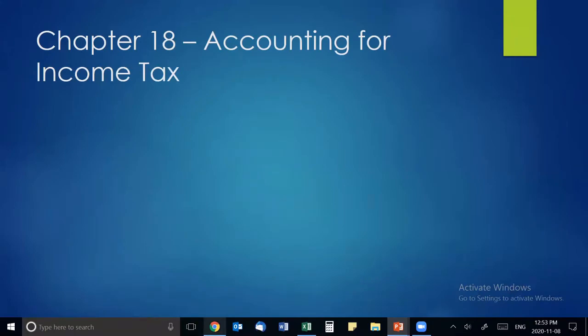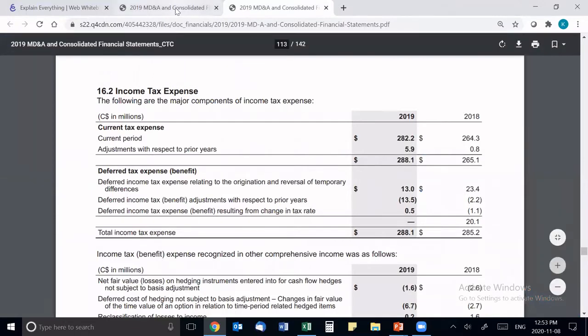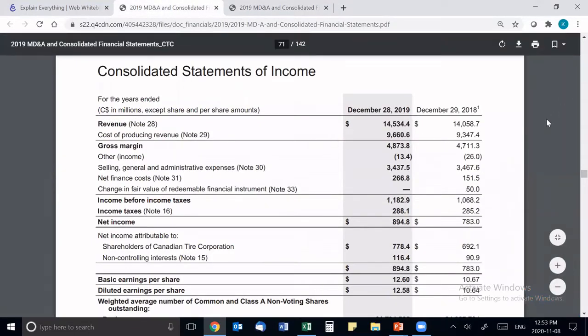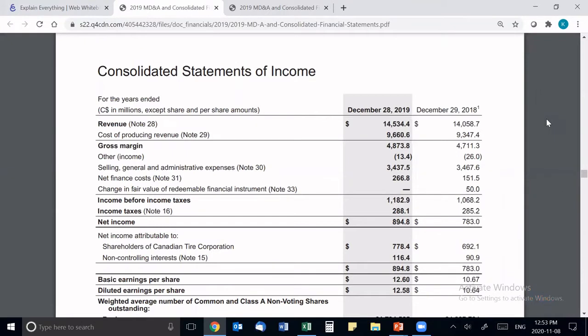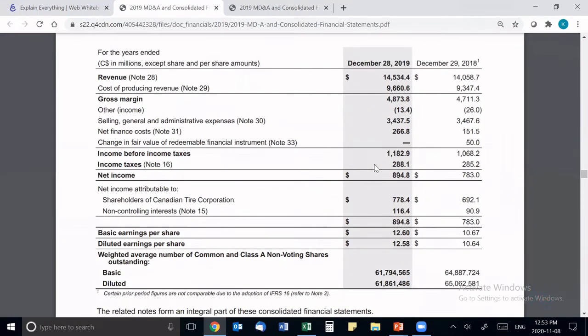certain year end. So just to give you some context, here I've pulled out Canadian Tire's financial statements for 2019 year end. So the consolidated statements of income. What you have been doing so far in Chapter 1 to Chapter 17 of Intermediate Accounting 2 is figuring out how to get income before taxes.